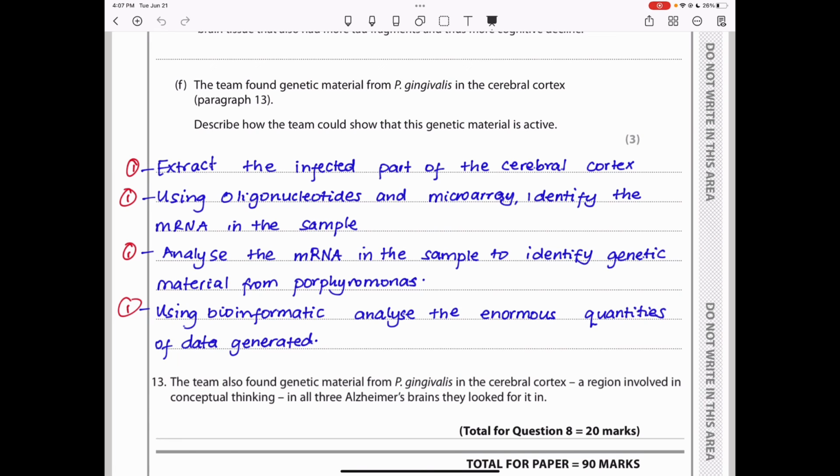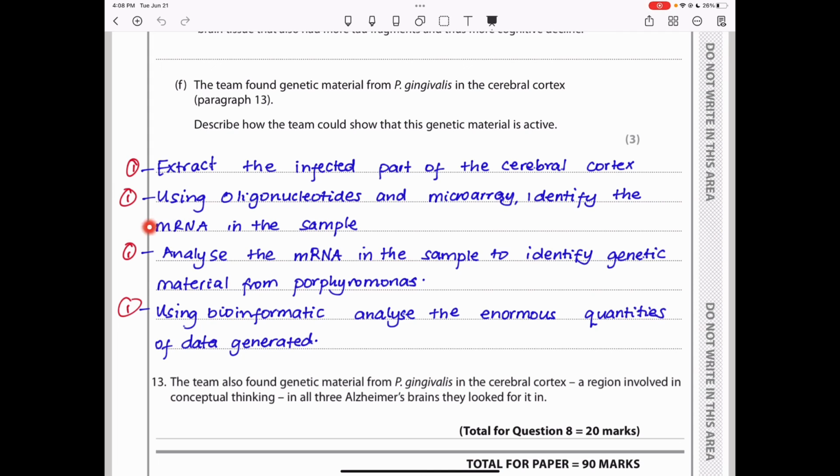So what you have to do is, if you're looking for areas that are active in the brain or in any material, here we have to extract the infected part of the cerebral cortex, and then we will be able to get the cells and get out basically whatever is inside the nucleus. So we will use oligonucleotides with a microarray, and then we can identify messenger RNAs present in the sample.